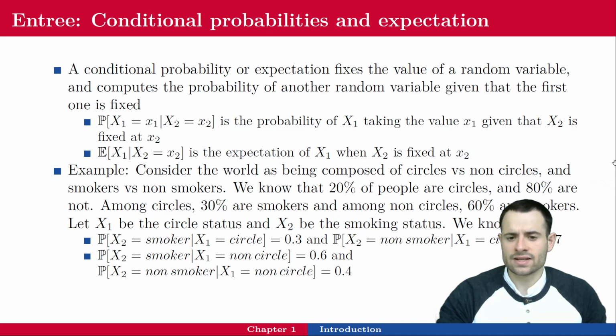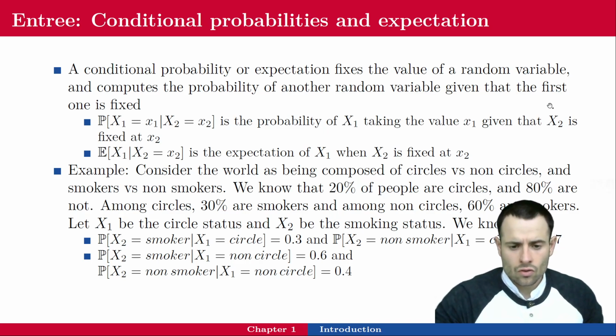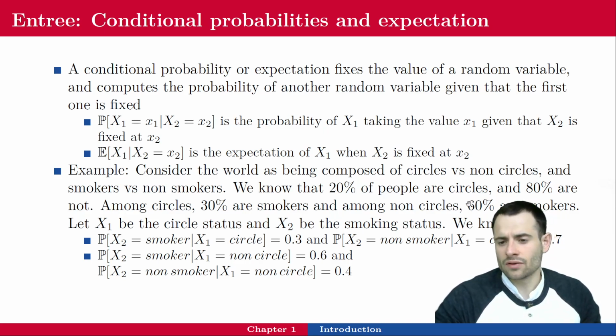Equivalently, I also know that there are 20% of circles in general in the total population. I also know that the probability of finding a smoker among non-circles is 60%, which is the one I gave here. So if among non-circles I have 60% of smokers, among non-circles I have 40% of non-smokers.